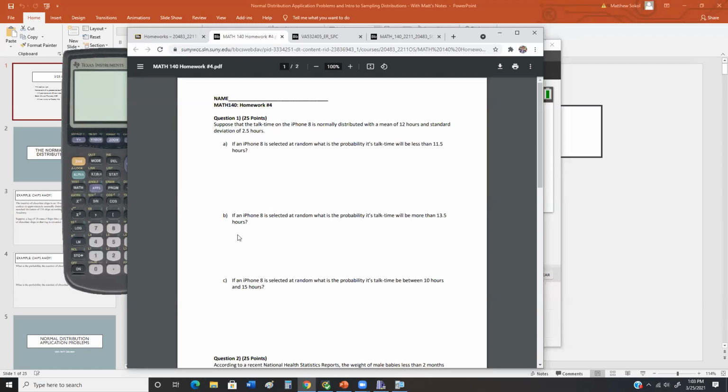I will tell you this. If you haven't done so, I would literally do this homework right after class today, while it's still fresh in your mind. Because once I show you specifically how to use the graphing calculator today, it's like night and day how easy and quickly you can do these problems.